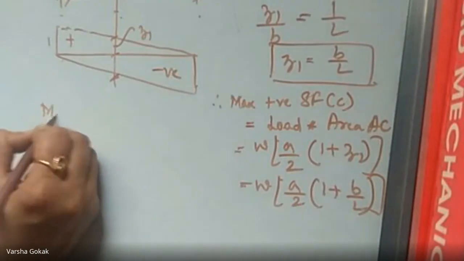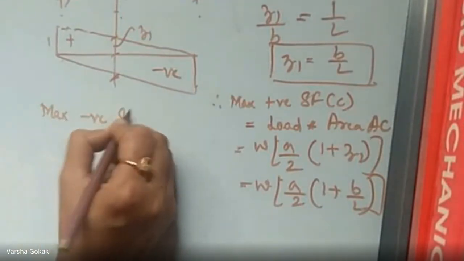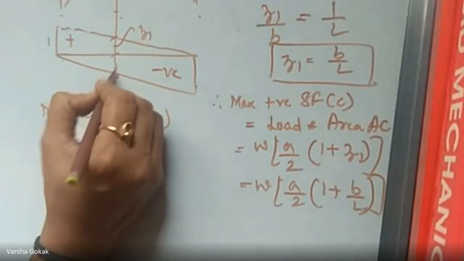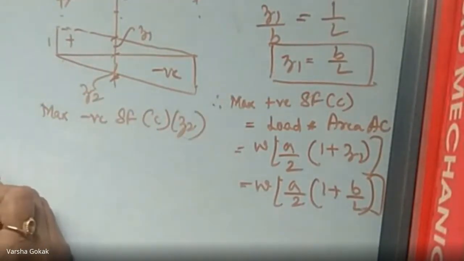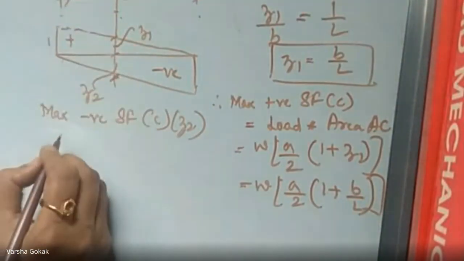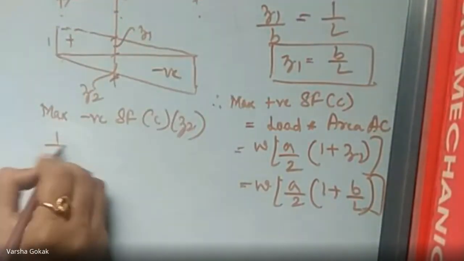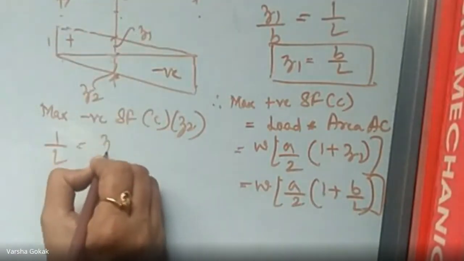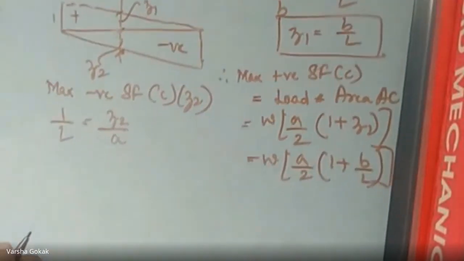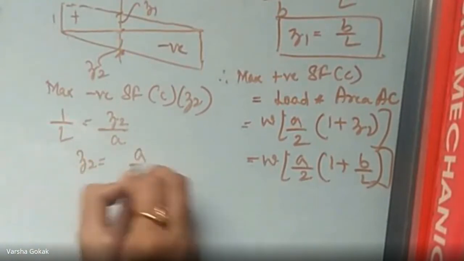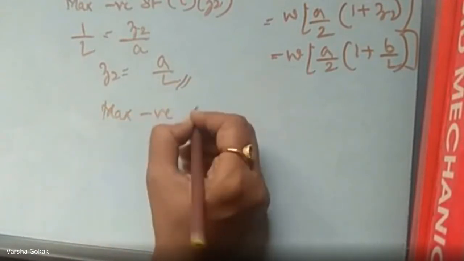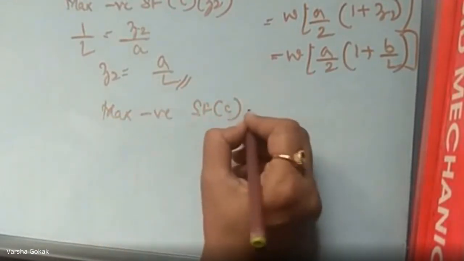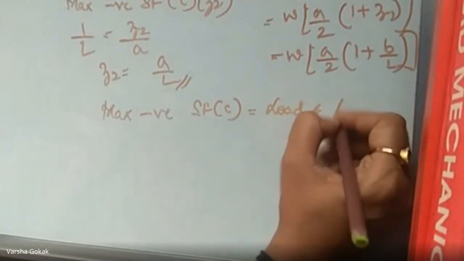Next, when I want to calculate the maximum negative shear force at C, I'll have to calculate this Z2 now. How do I get the ordinate Z2? 1 divided by L will be equal to Z2 divided by A. Correct? So Z2 is A by L. So the maximum negative shear force at C is nothing but load into the area of AC.